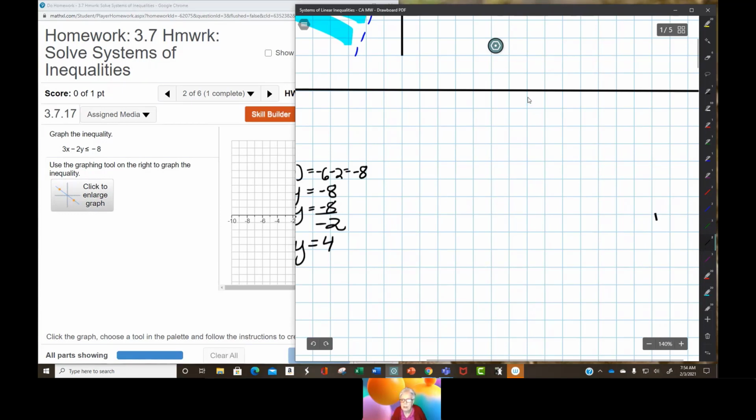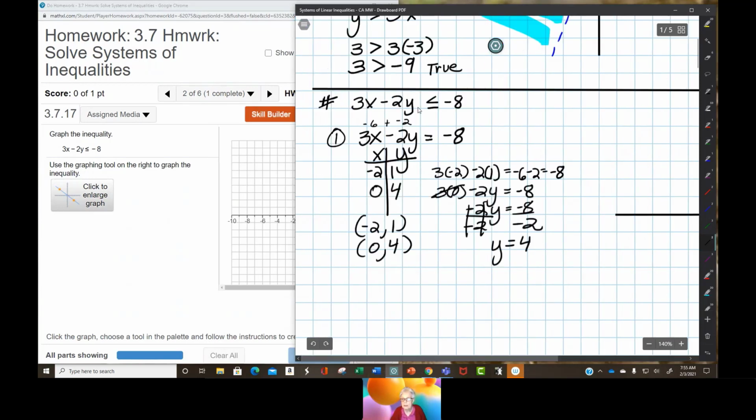All right. Okay, so I'm going to plot my points, but since this has an equals to bar underneath, this is less than or equal to, this is going to be a solid line.